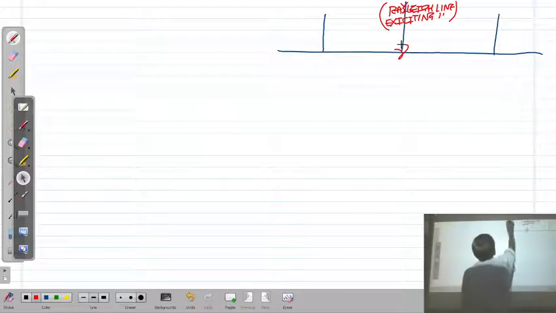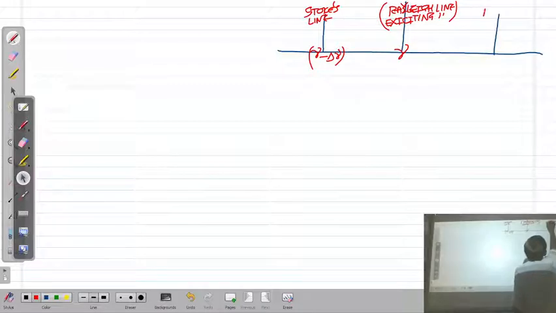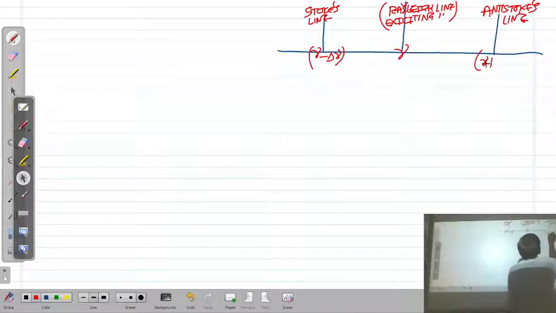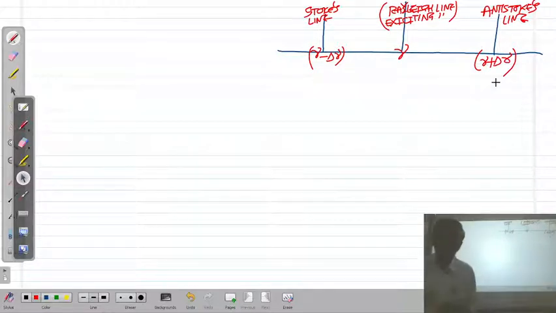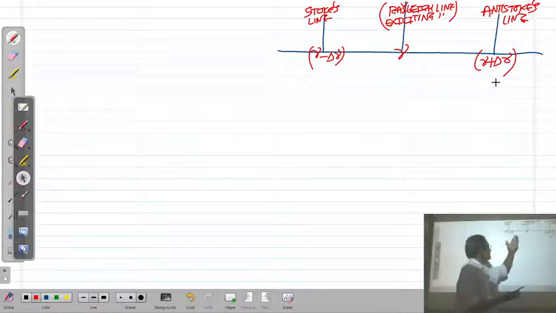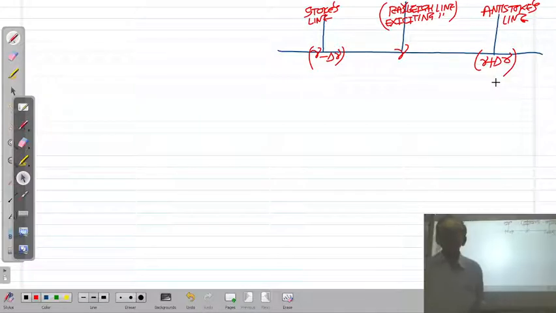This is the line on the low frequency side. It is called the Stokes-Raman line. The wave number is nu minus delta nu. And the lines on the higher frequency side are called anti-Stokes lines. The wave number is nu plus delta nu. So this is the Raman spectrum.